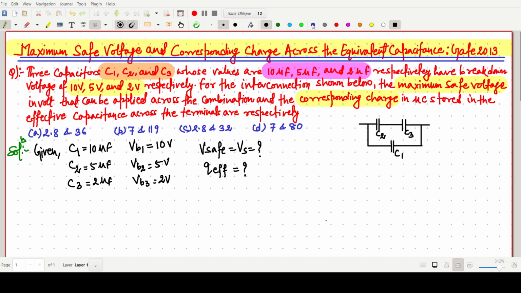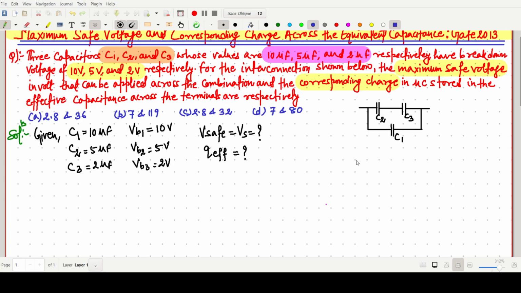So our first aim is to find the equivalent capacitance, C equivalent.